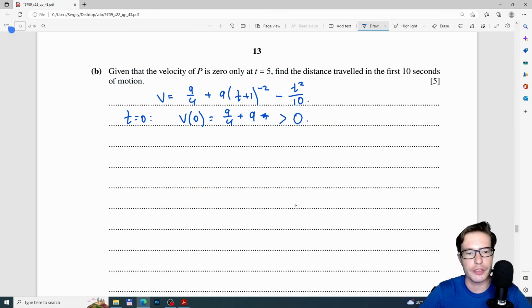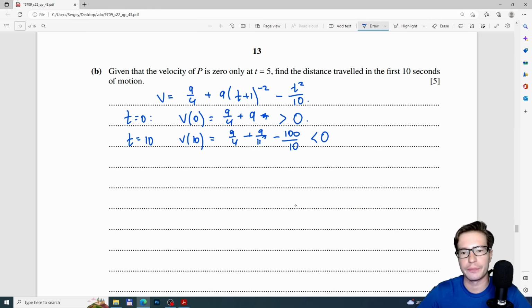Then let's substitute t equals 10, let's say. That's going to be 9 over 4 plus 9 over 11 squared minus 100 over 10. And that is obviously less than 0.